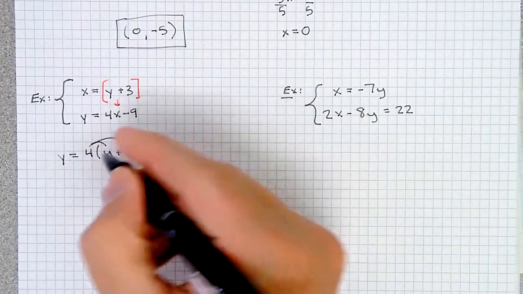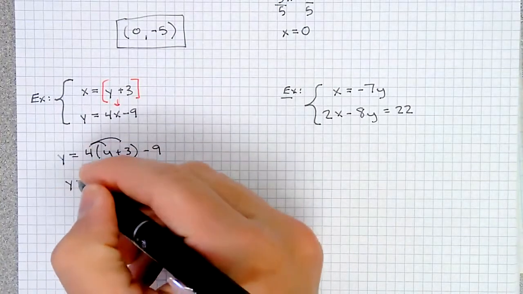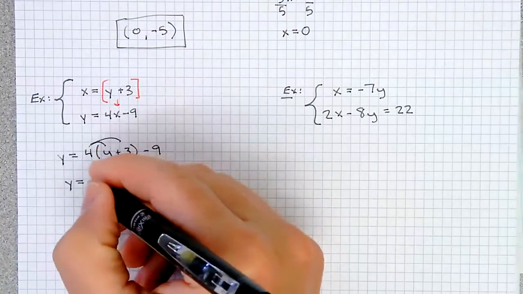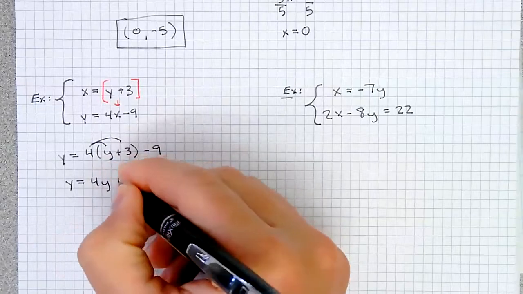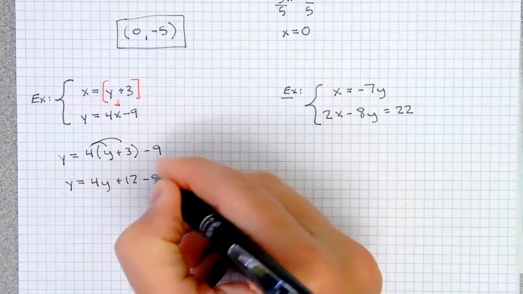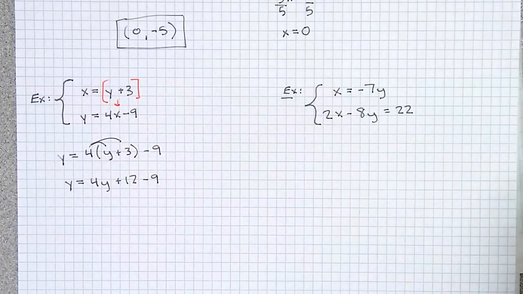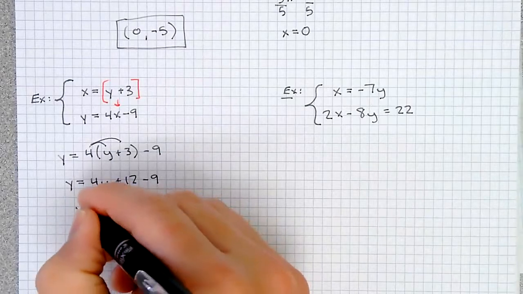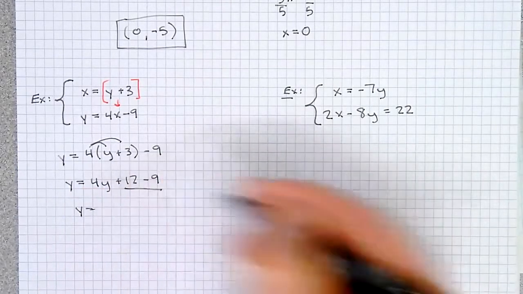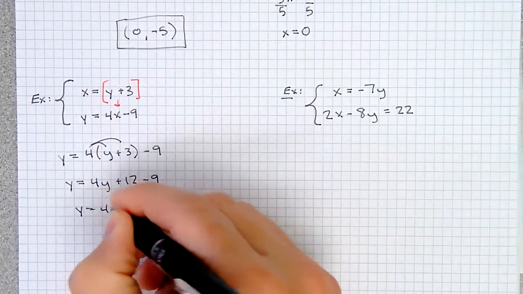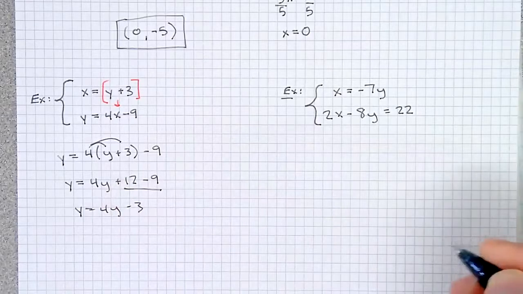Distribute the 4. Y equals 4y plus 12 minus 9. Combine 12 and minus 9, so 4y plus 3.